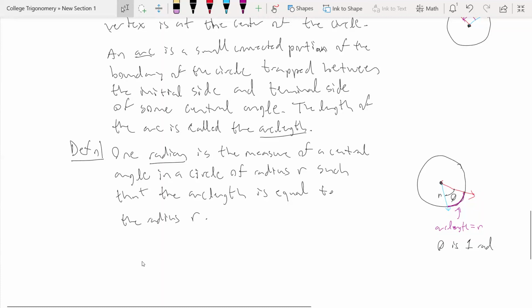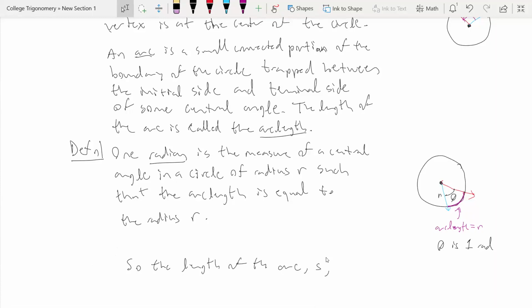So that's a formula. The length of the arc, which I'm going to call S, is a pretty standard notation for the length of an arc.